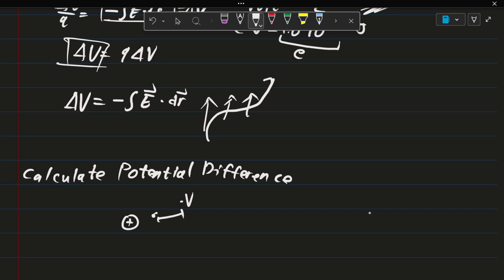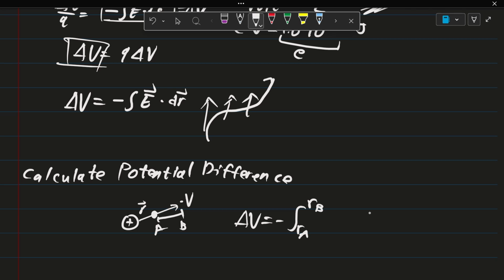So let's just assume that we are just heading out in this r vector, which is pretty much pointing outwards, and we'll just compute the object when it travels from this point A towards point B. So the change in voltage is pretty much the negative integral from position A to position B. And what's the E vector?